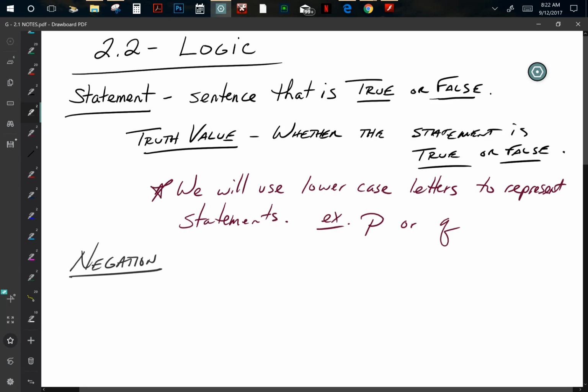Negation. Is the opposite, and I'm going to put in parentheses the word not, of a statement.